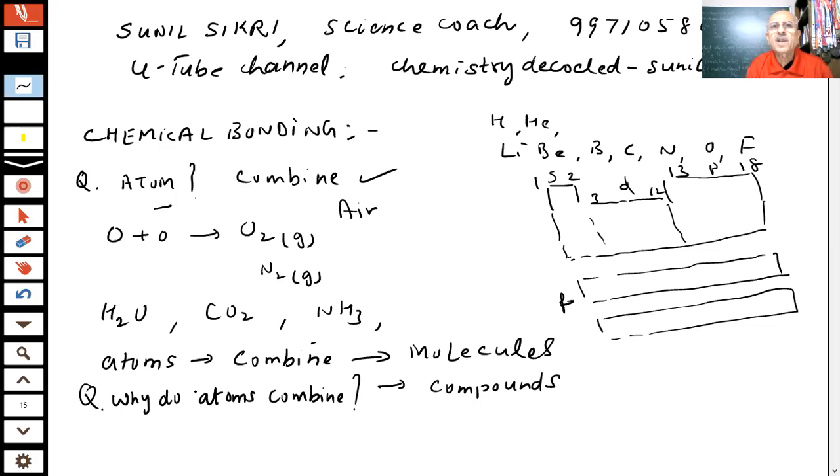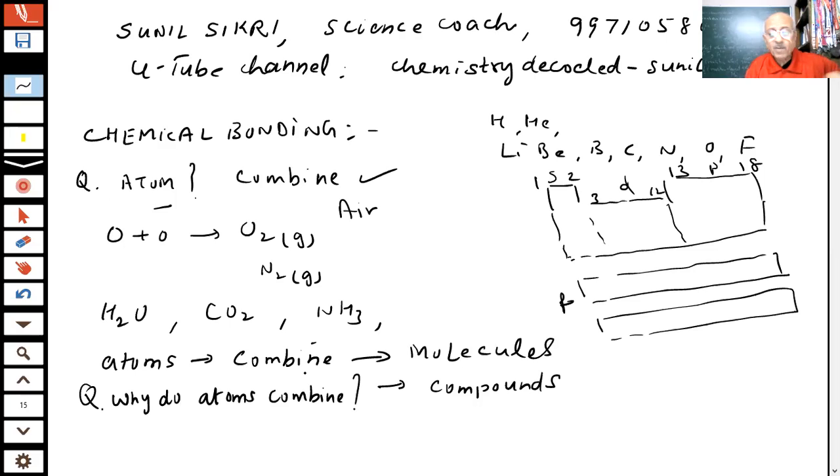That was the question in the chapter of chemical bonding mainly. Why will the atoms combine if they are stable? See, what will be the reason? And we know in science, students, that everything which is not stable will react. If something is stable, then it doesn't want to react.